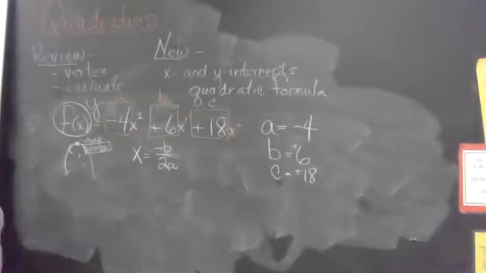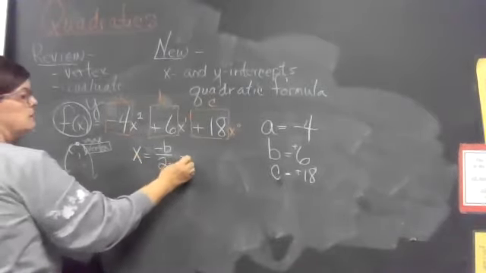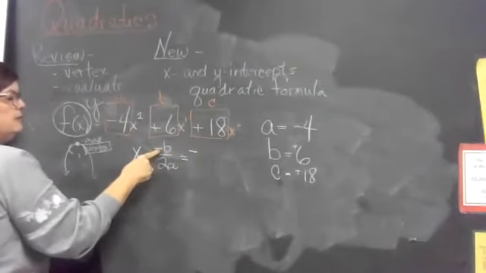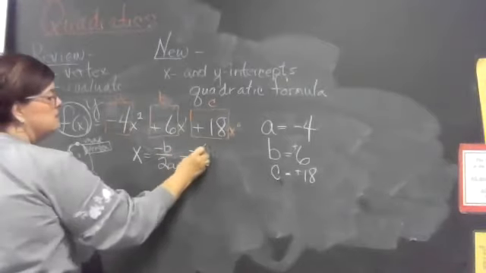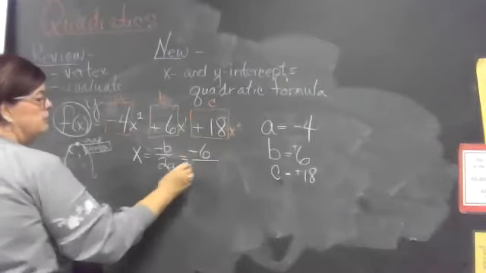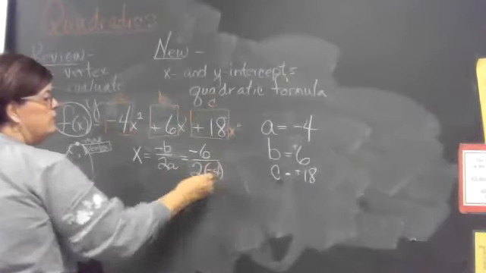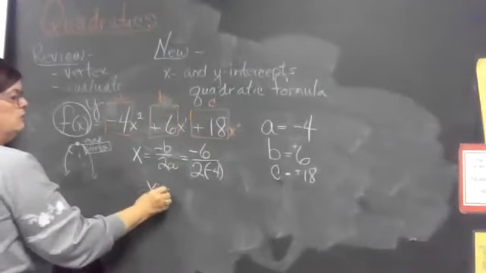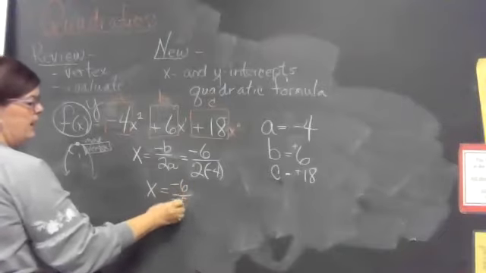Okay. And so to find the x of the vertex, we're going to take a negative because that's in our formula. And then we find out what is B. B is 6 over 2 times -4. So x equals -6 over -8.